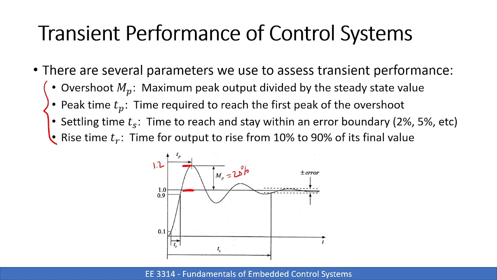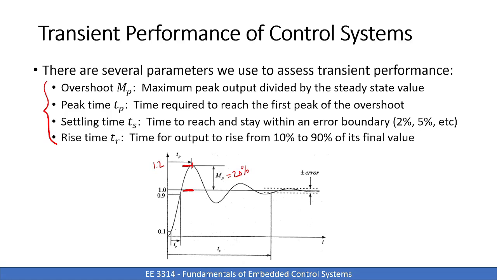That makes sense. Okay. Peak time is the time it requires to get to this peak value, the largest value, right? Which is the peak of the overshoot. So that's something that we'll be coming up with a formula for. Settling time is going to be the time where your signal stays within error bounds.